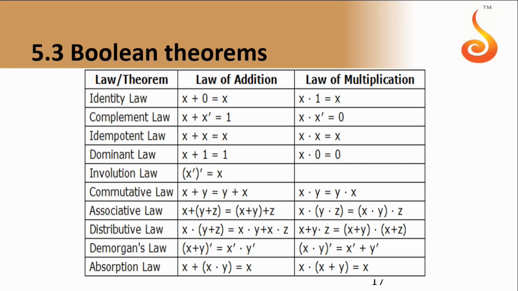That is, the commutative law states that the order in which two variables are ORed or ANDed does not make any difference. That is what the commutative law states. That is, whether you OR it or AND it, it doesn't make any difference.